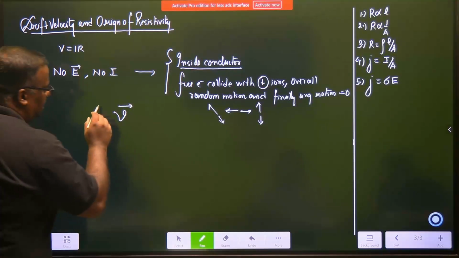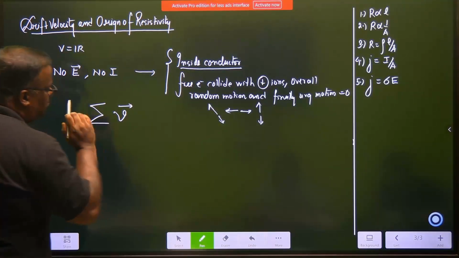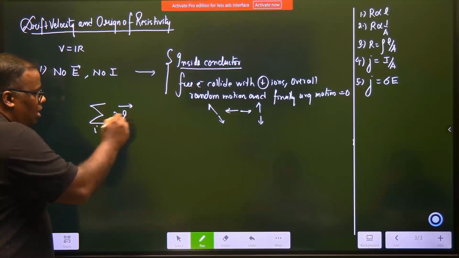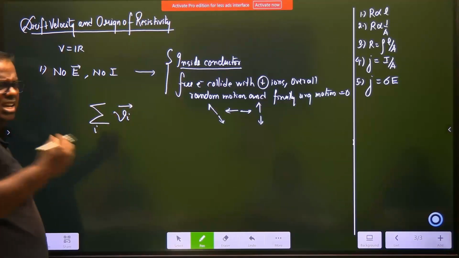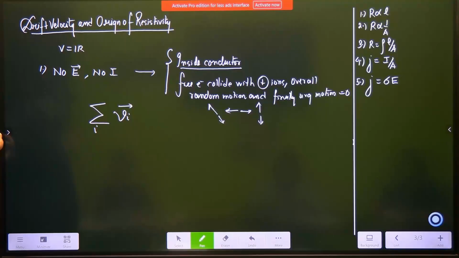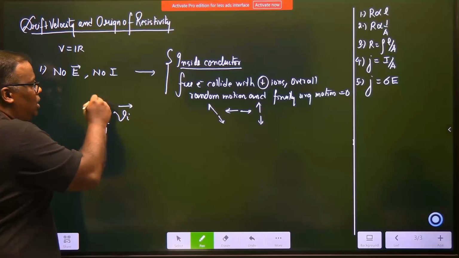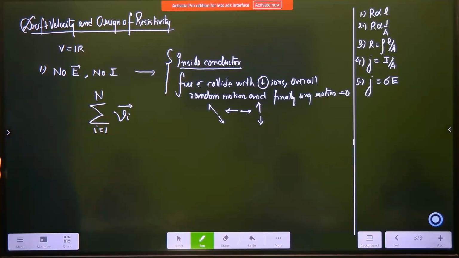I would write a summation over a counter i, where i is the velocity of each: he's V1, you're V2, she's V3, I'm V4, where i varies from 1 to n, and n is the number of electrons.